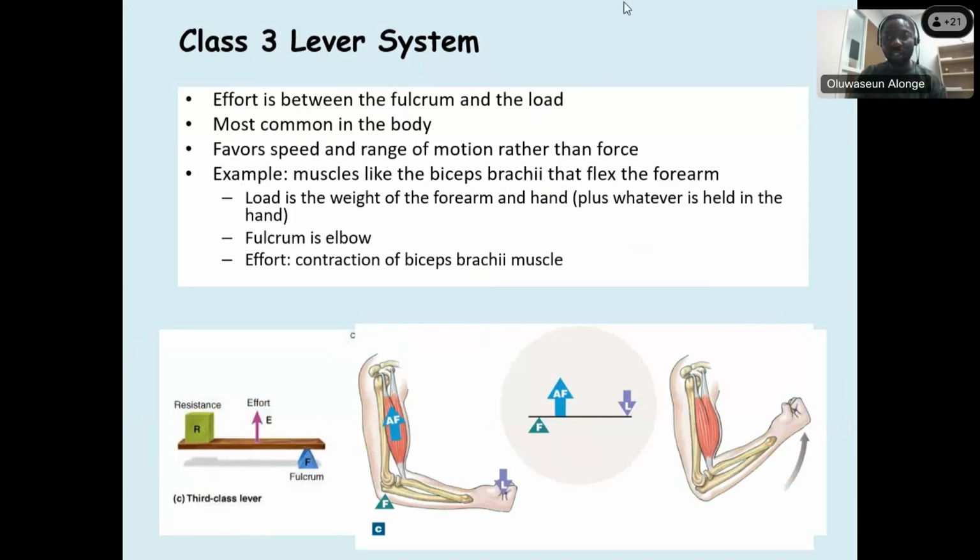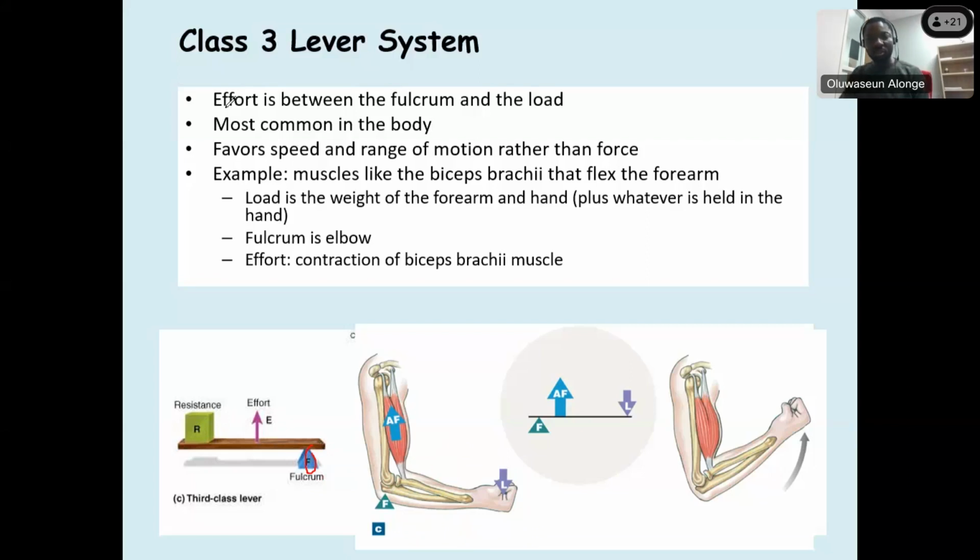Now, the third lever system is what you see around your arm. Now, when you look at this, the fulcrum in this case is here, the resistance is here, and then you have the effort.